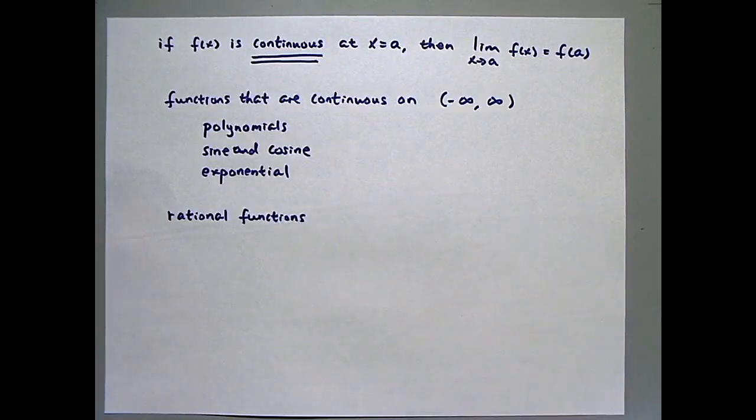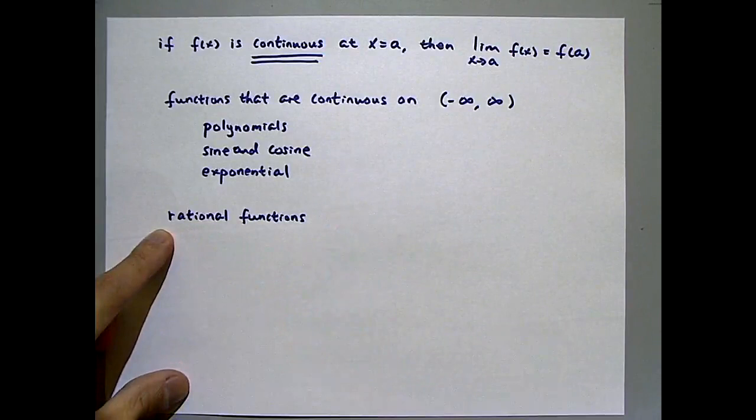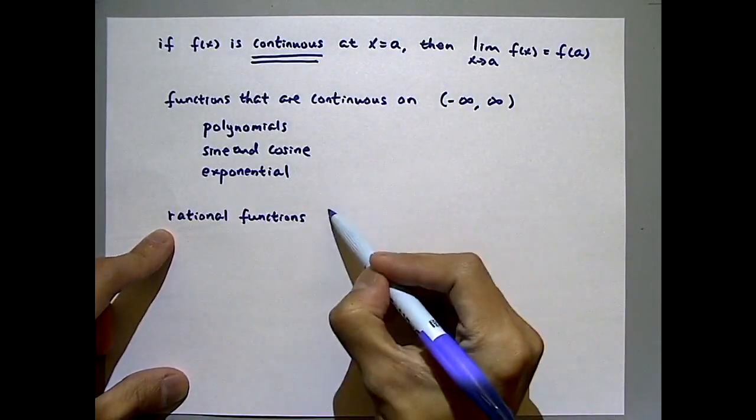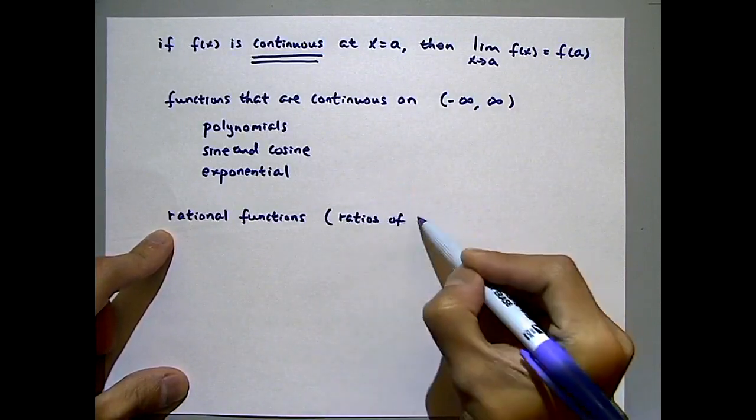We also see rational functions a lot. What are rational functions? Right, ratios of polynomials, right? Rational doesn't mean that the function is reasonable. It means it's a ratio of something. So yeah, these are ratios of polynomials.